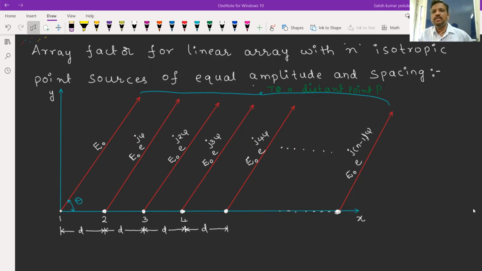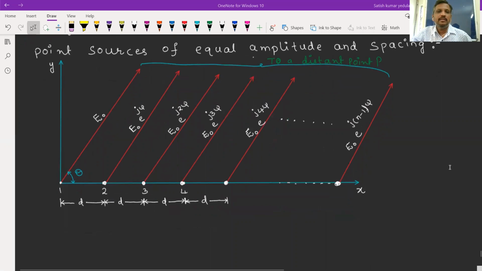Here we are going to find out the array factor, which is nothing but the normalized field component of the n-element isotropic uniform linear array. So let's see that in this lecture. If you look at this particular diagram, we have n number of isotropic point sources: 1, 2, 3, 4, 5, and so on up to n, and adjacent elements are separated by a distance d.